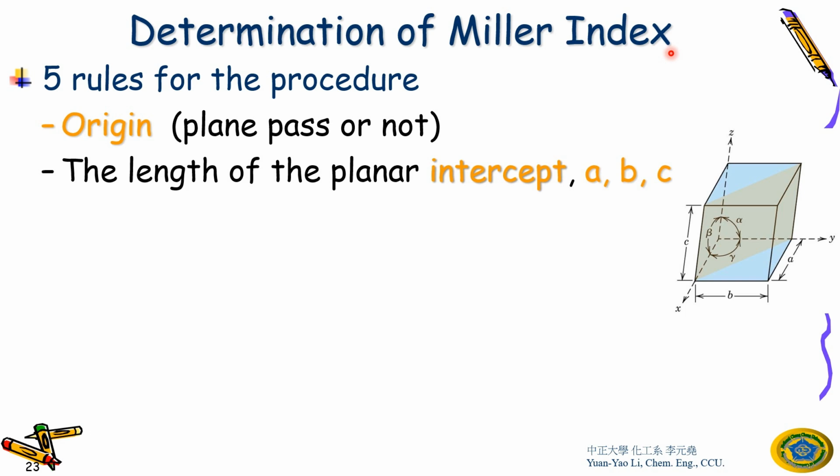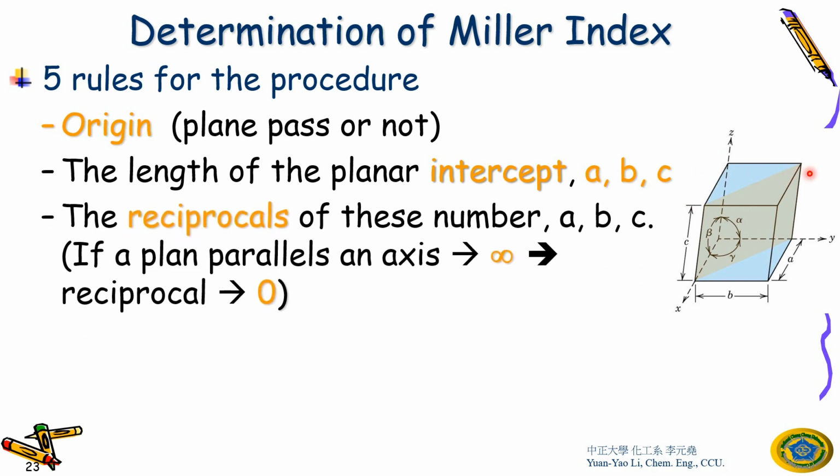So step 2 is the length of the plane's intercepts. For example, this plane has an intercept on the x-axis and y-axis. It might have an intercept with the z-axis or not. Anyway, you have A, B, C here. This is called intercept.